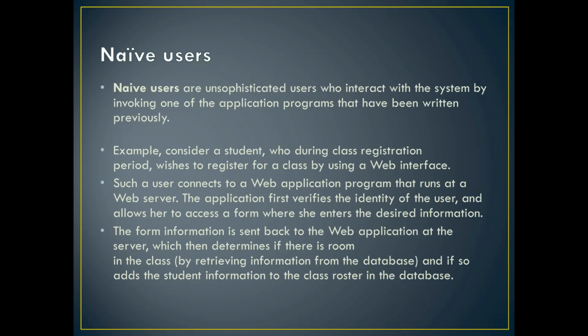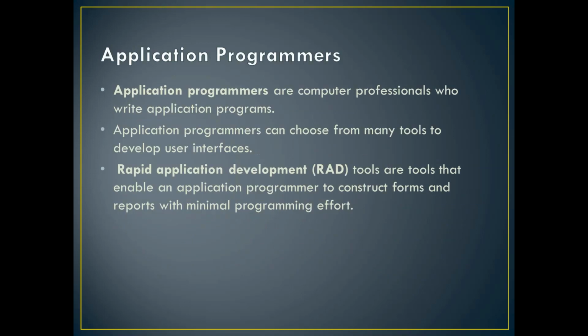He fills in data and retrieves whatever information he needs through the form. These types of users are called naive users. Again, they interact with the database system without knowing what is in the database.